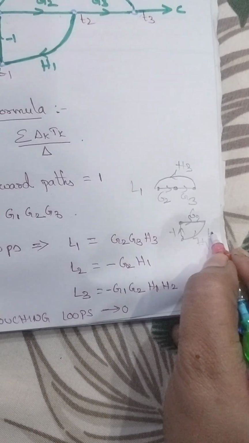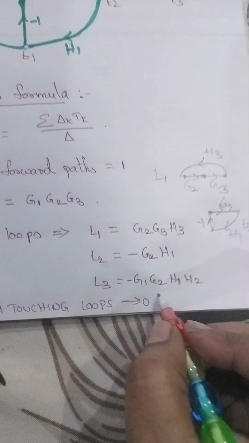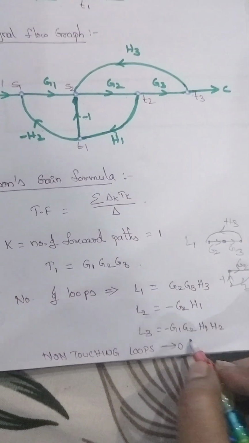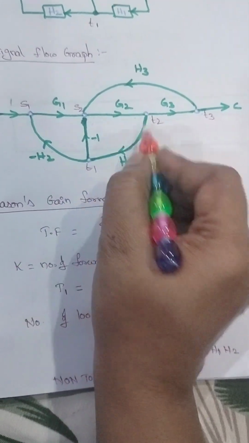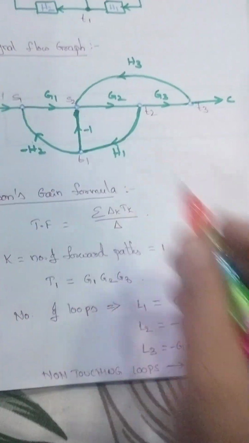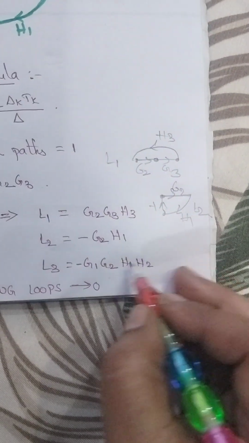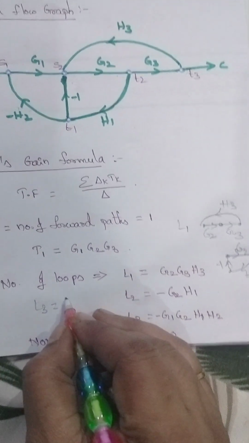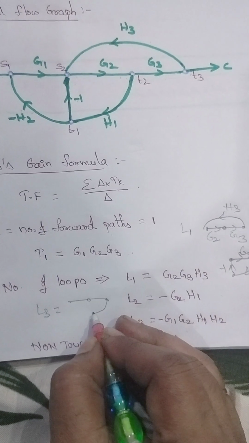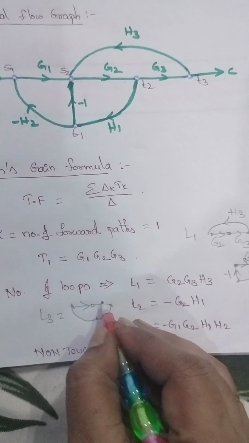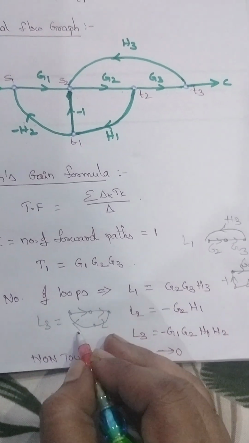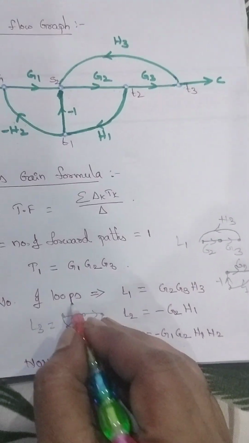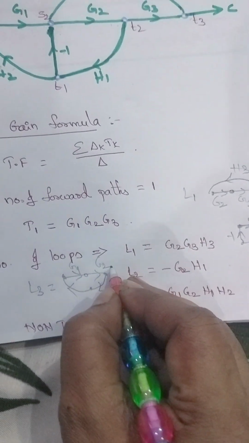It is L2. Now L3 is nothing but G1, G2, H1, minus H2. That means minus G1, G2, H1, H2. So L3 is this one.